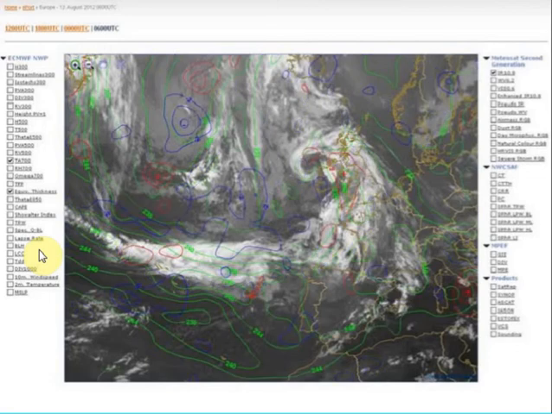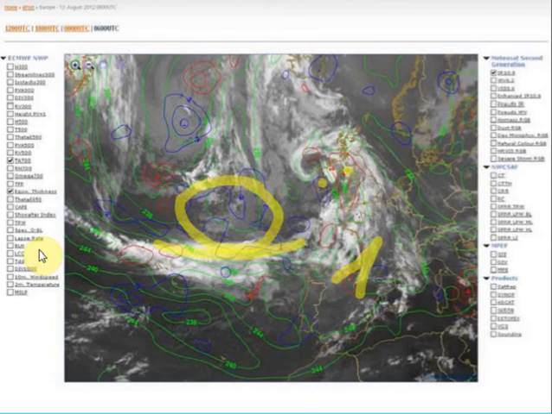From the temperature advection, and as you can see also the equivalent thickness, you can see that here you have some warm air ahead of the cold front. Behind this front you have cold advection, and there is a pair of cold and warm advection here in the head of the cyclone, or in the occlusion area.